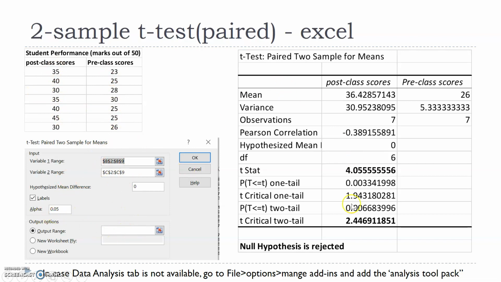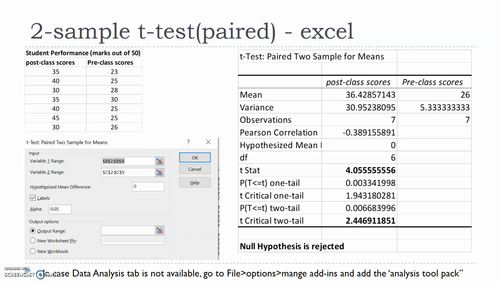Select your output range, and that will give me this output. The t statistic, which we found earlier in the manual calculation as 4.05, and the critical two-tail value is 2.44. We got the same result as the manual calculation. Because my t statistic is greater than the critical value, it is true that there is a difference between the post-class score and the pre-class score.